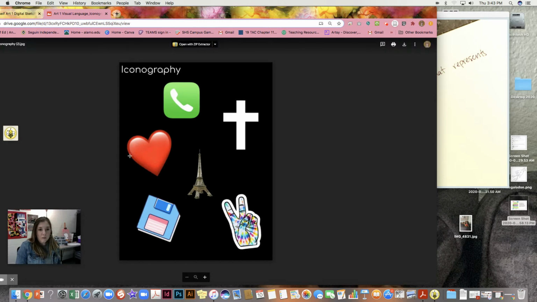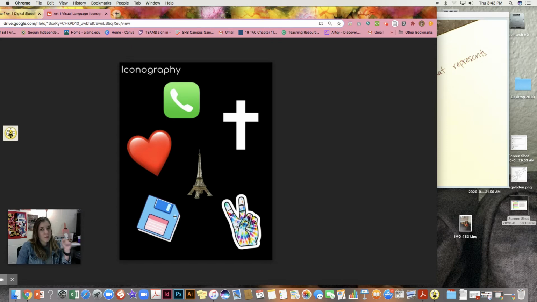And it's similar with the heart. We see this symbol and we know that it means love, but this isn't what a heart looks like in real life. Hearts are kind of gross and ugly, but we see this, we think, oh, love, immediately, right? Same with this icon. This is a floppy disk.